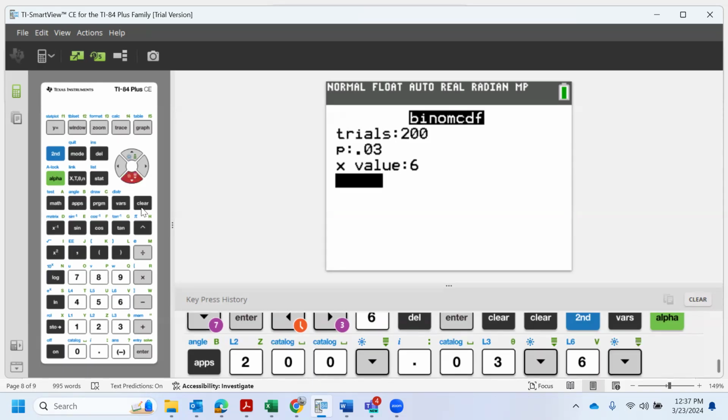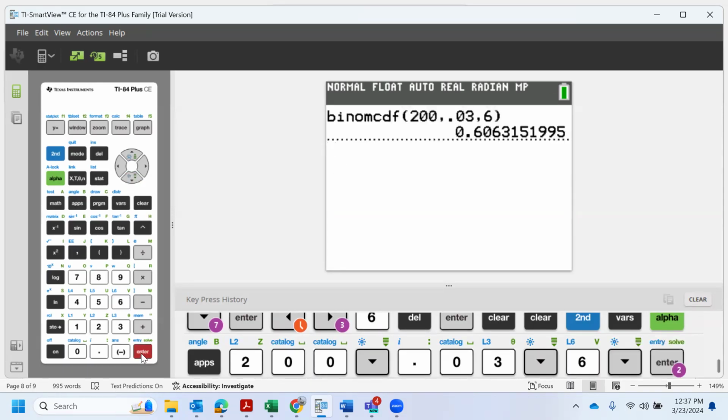Then you paste. You get this value because we already minus 1. So this one you must get.